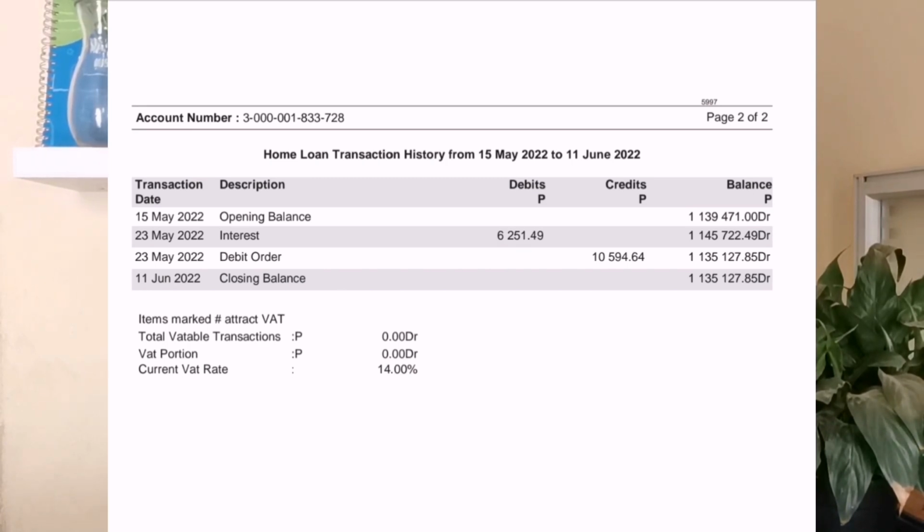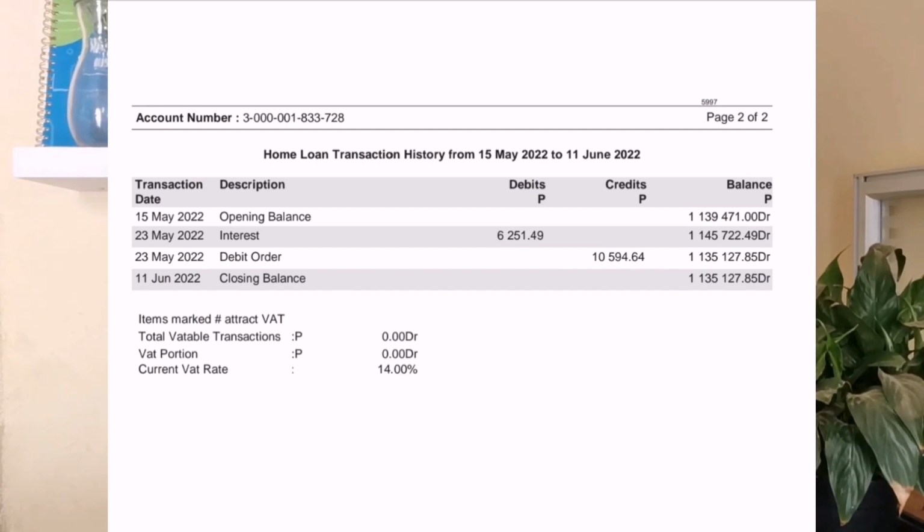So the first portion is covering that interest which debited your account, and the balance is what is going to reduce your loan account. And that balance in our case here is 4,343.51 thebe.